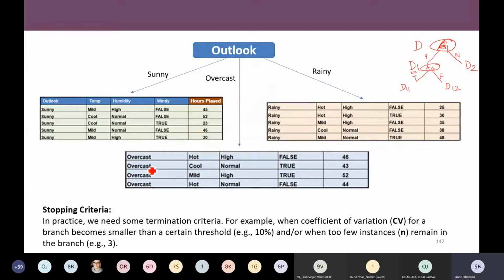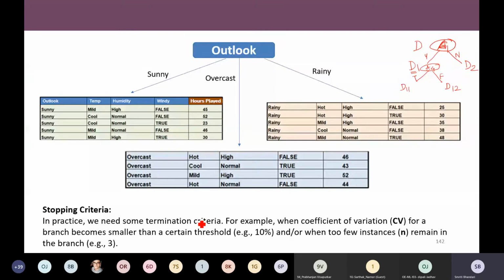Now we need to consider some stopping criteria, when to stop building this decision tree or expanding the branch. In practice, we have terminating criteria.